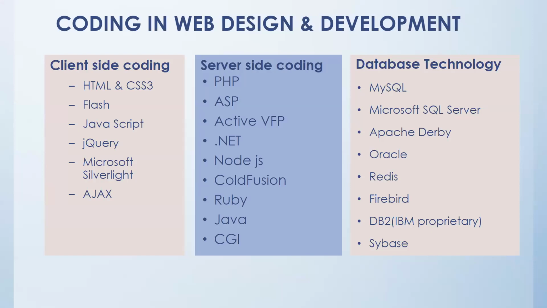If you are developing and publishing that web page, then whoever visits that web page will be the client. So when I am browsing the web page, what is going to be on my screen is decided by this client side coding, right?